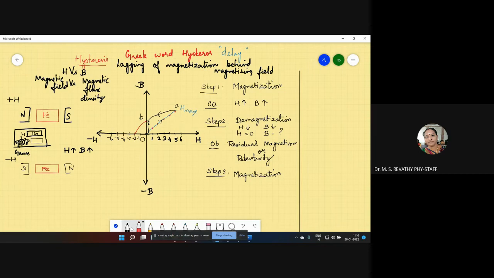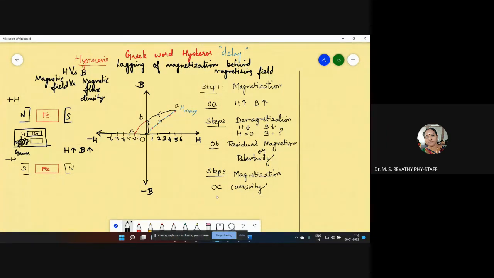Let me give a label here, which is C. So here in negative magnetization, OC is called coercivity, which is nothing but the negative magnetic field applied to the material.